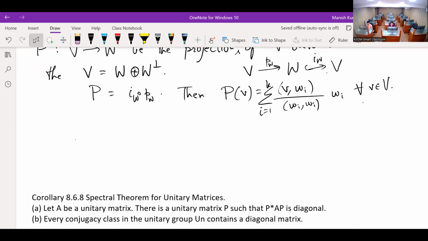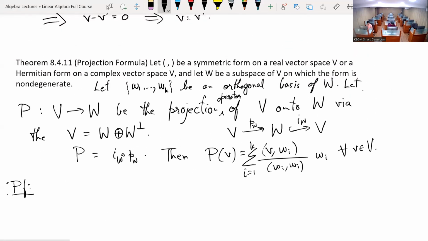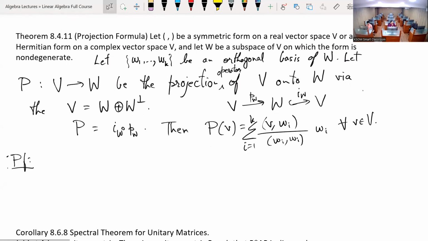Now, let's see a proof. So this also we sort of saw the idea behind it, but the statement maybe not. So what you want to show is that PV is this. So of course, any vector V given in V, you can write it as some element in W and some in W perp, uniquely.